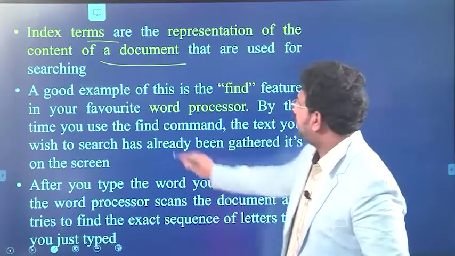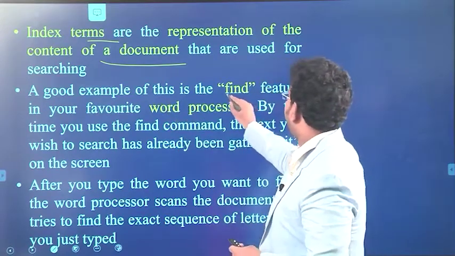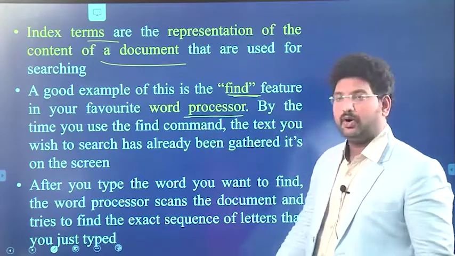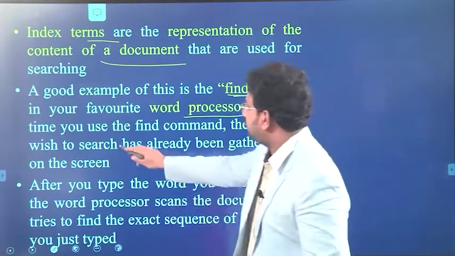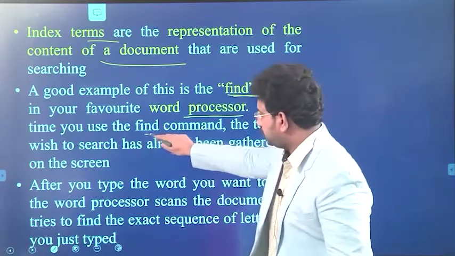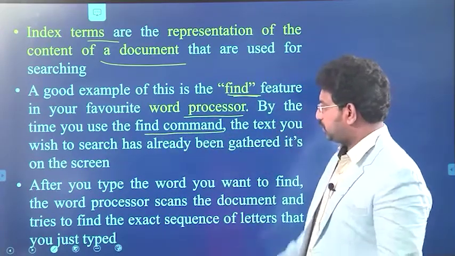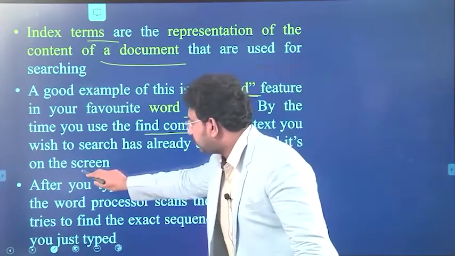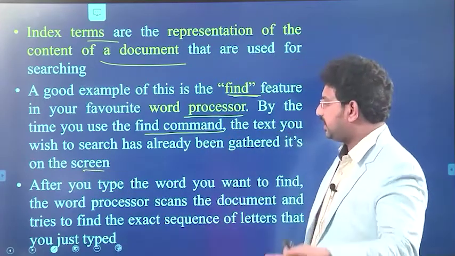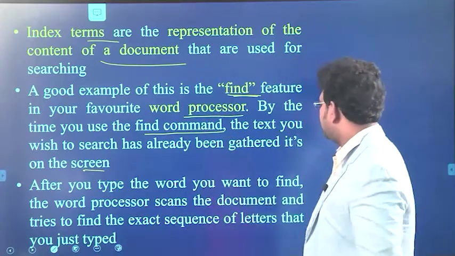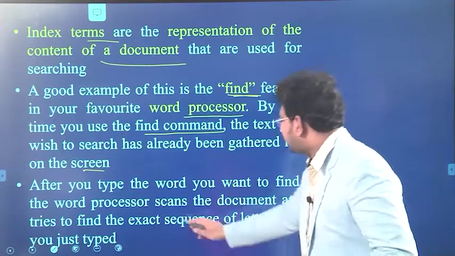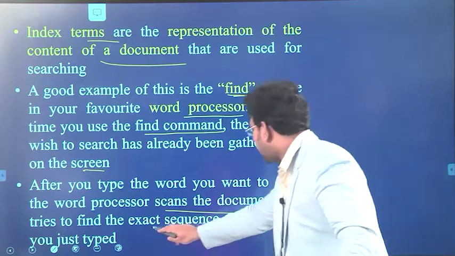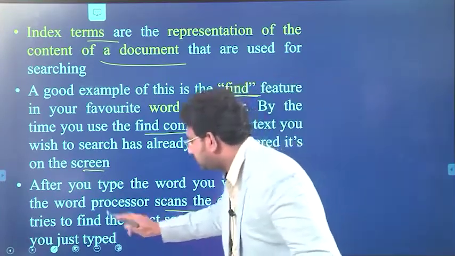A good example of this is the find feature in your favorite word processor. By the time you use the find command, the text you wish to search has already been gathered. It's on the screen. After you type the word you want to find, the processor scans the document and tries to find the exact sequence of letters that you just typed.